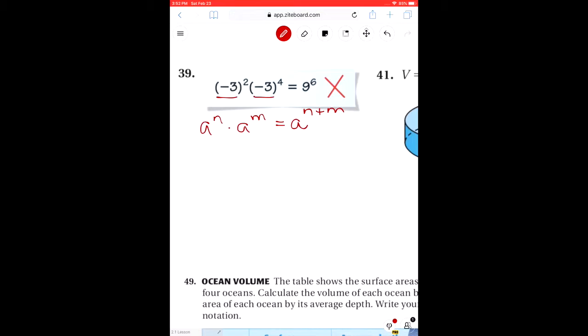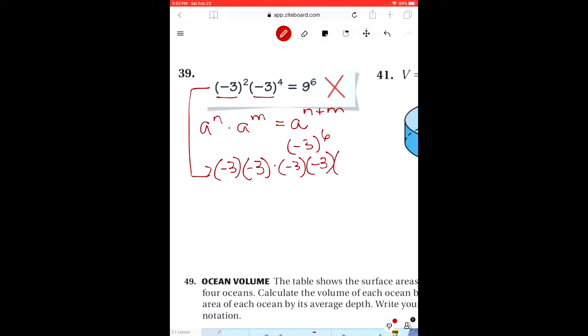So, with that said, using this rule, we should see that the answer would actually be negative 3 to the 6th power. And to show you why that works, not just what the rule is, but why it makes sense, well, negative 3 squared can be understood as negative 3 times negative 3. And negative 3 to the 4th power is negative 3 times itself 4 times.